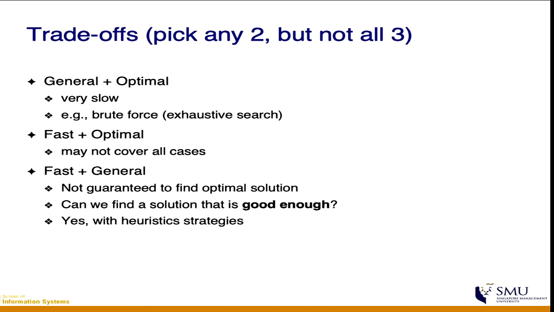So can we find a solution that is good enough? Good enough here means that you may not get the very best, but you're going to get somewhere close enough that for all practical purposes, it will still fulfill your objective. For example, you work for FedEx and they ask you to design a route in the morning. If you're going to take 5 years to do that, your boss will say, no, what's the point?